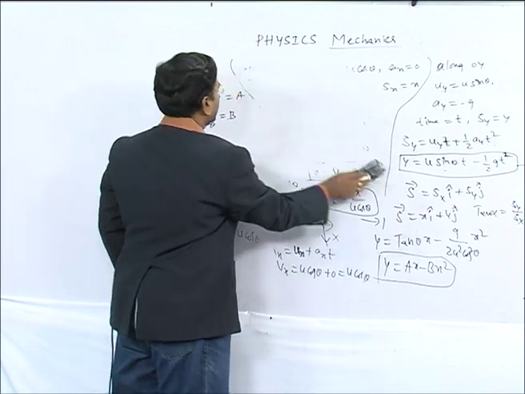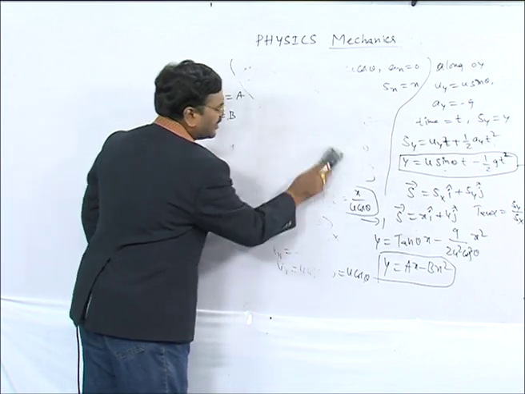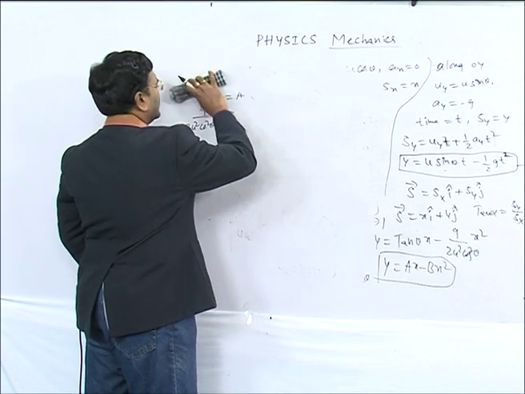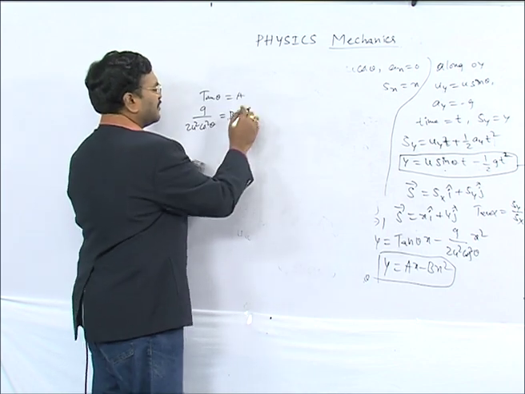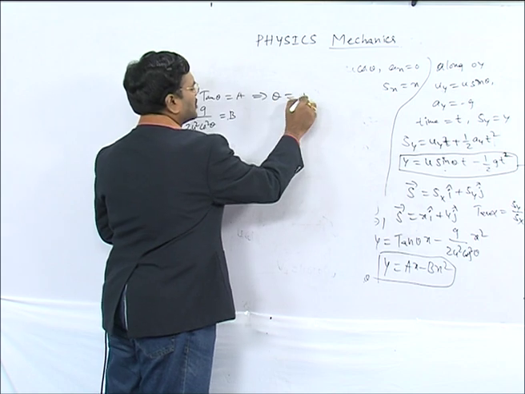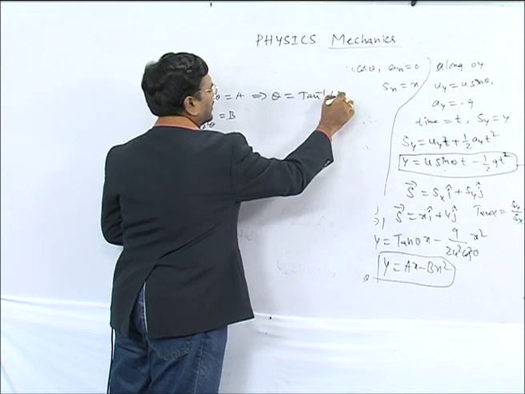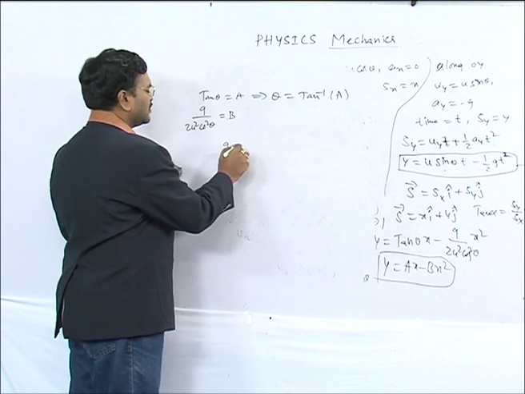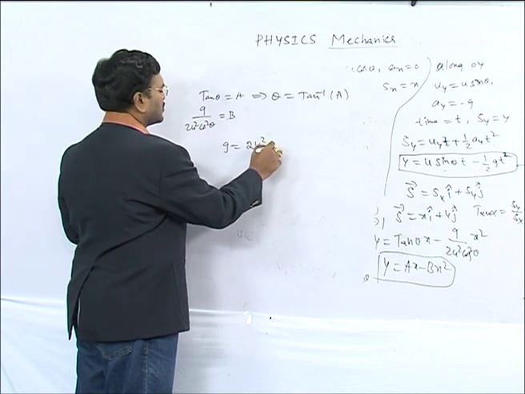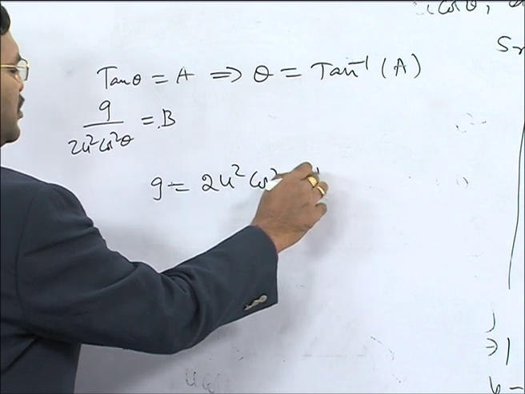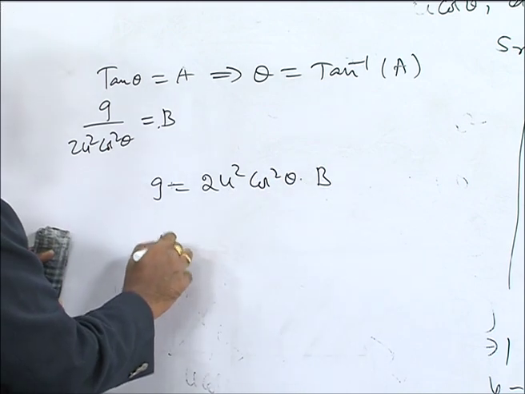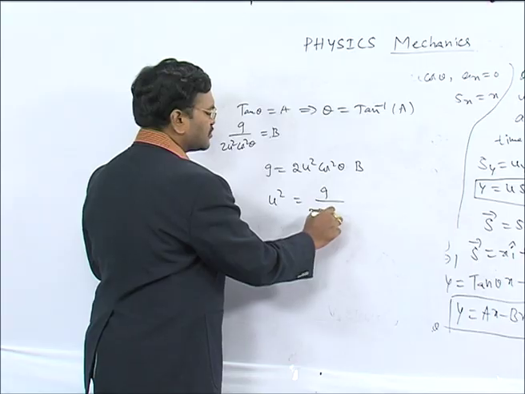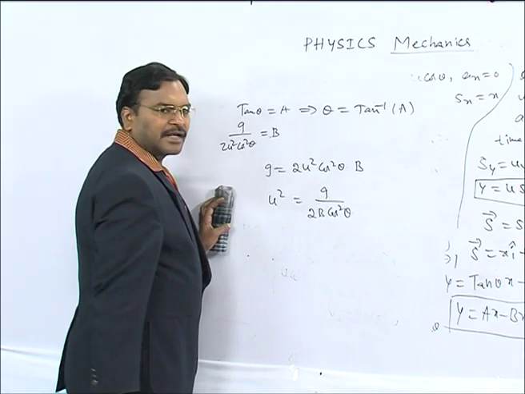Theta is equal to tan inverse a, as already explained. Now, from this, g is equal to 2u square cos square theta into b. So, u square is equal to g by 2b cos square theta.